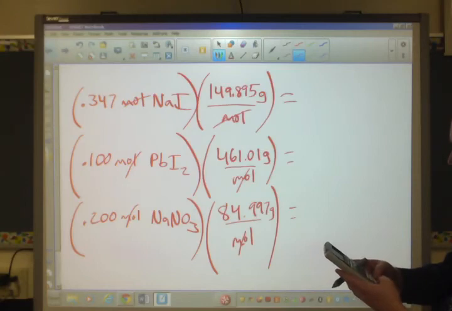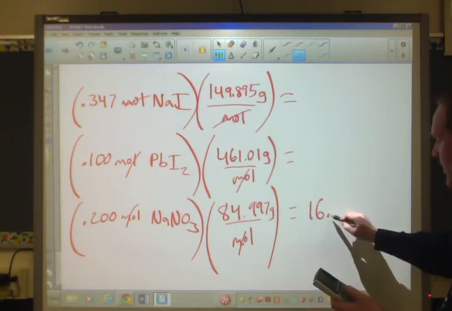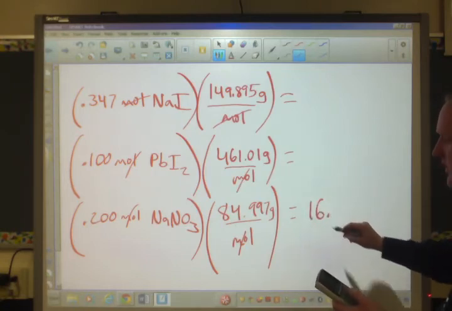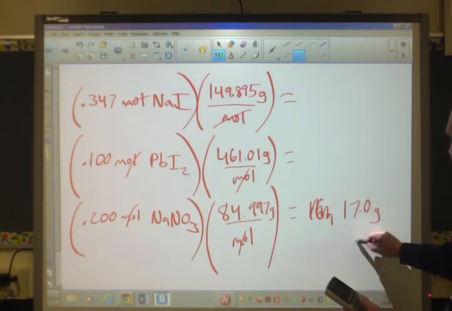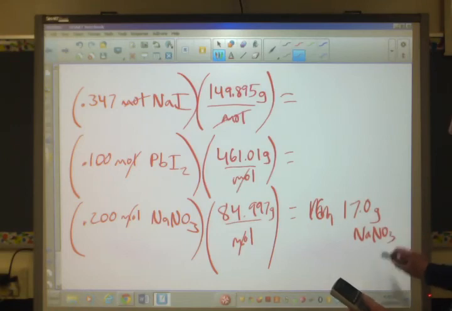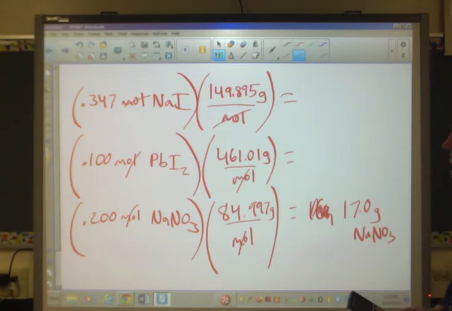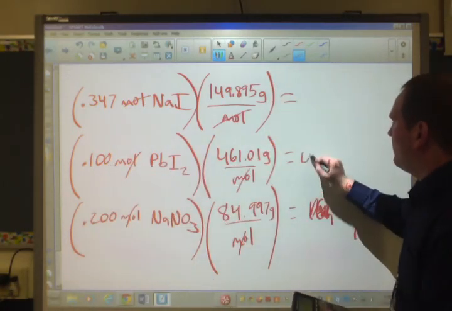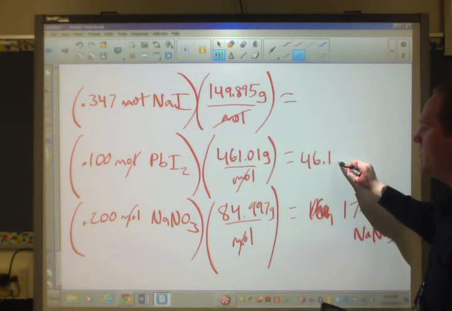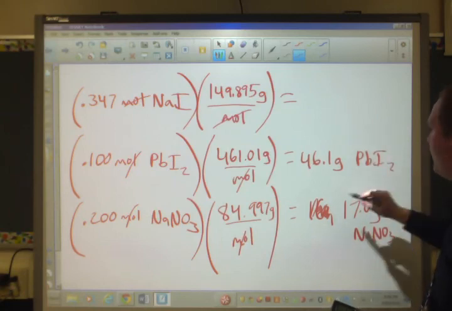Alright, solve these. 0.200 times this gives me 16.99. I had 3 sig figs originally, so 17.0 grams of NaNO3. Here, I'm just going to take 10% of this, shift the decimal point. 46.1 grams of PbI2.